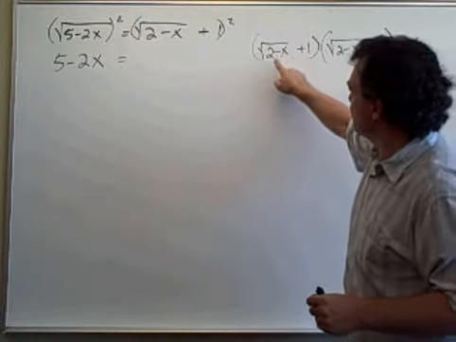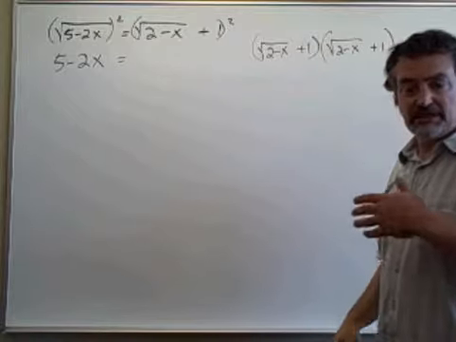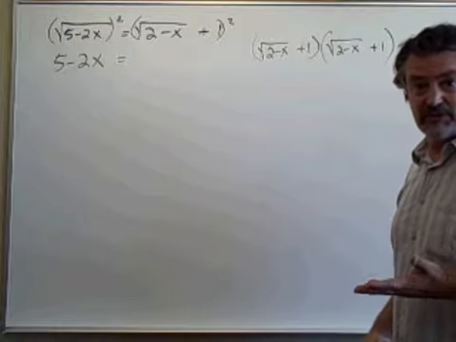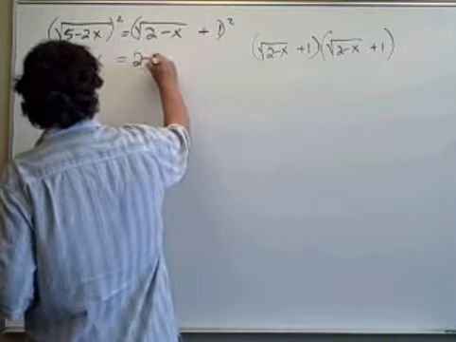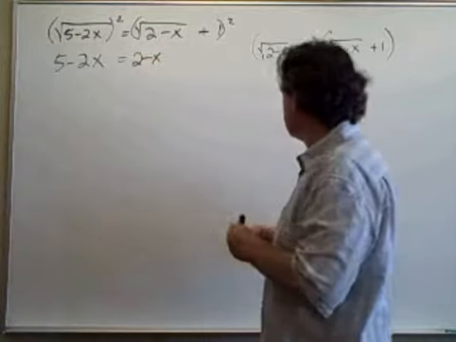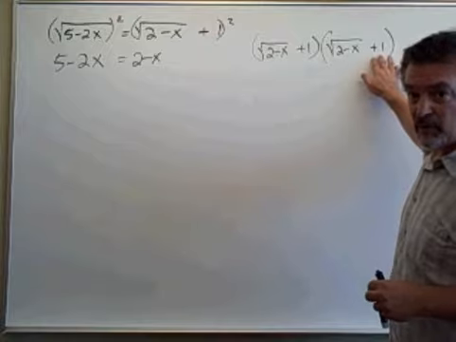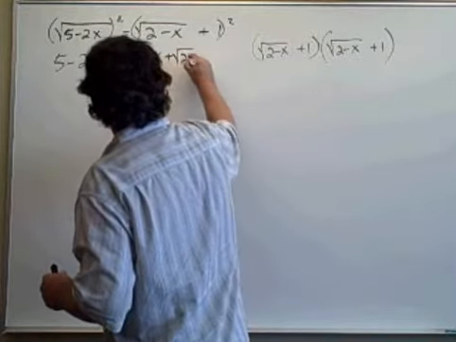Well, the square root of 2 minus x times the square root of 2 minus x. Isn't that the square of the square root of 2 minus x? Won't that simply give us the radicand again, 2 minus x? Square root of 2 minus x times plus 1, that would be the O of FOIL. Well, that's going to give us plus the square root of 2 minus x.